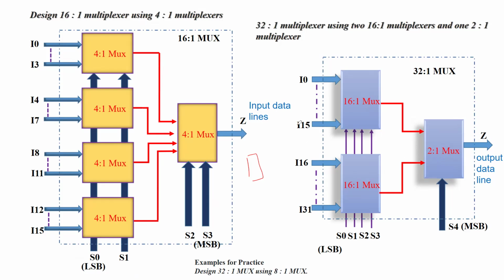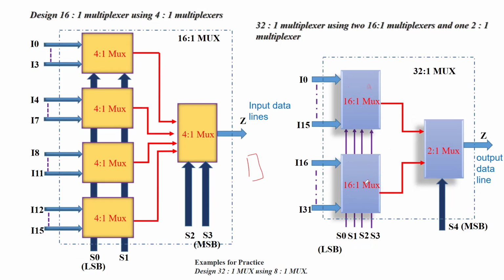So this is how we'll make it. Obviously for a 16:1 MUX, as per the definition, we have 16 input data lines. 2 to the power 4 becomes 16, so 4 here are the select lines, S3 to S0, S3 being MSB, S0 being LSB. And note, these select lines are common to MUX B and MUX A.